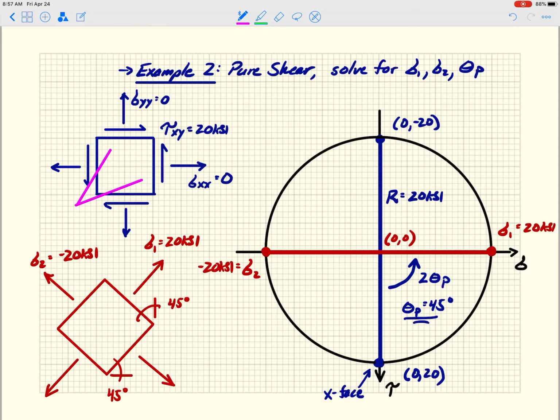I know I had mentioned this a few times before, but these shear stresses are trying to deform that cube like that. So what are they doing? Well, they're applying a compression force here and a tension force here. That looks just like what I drew in the lower right. You can see that just by the arrows and the way they're trying to deform it. So pure shear does result in tension and compression, just in a different orientation.